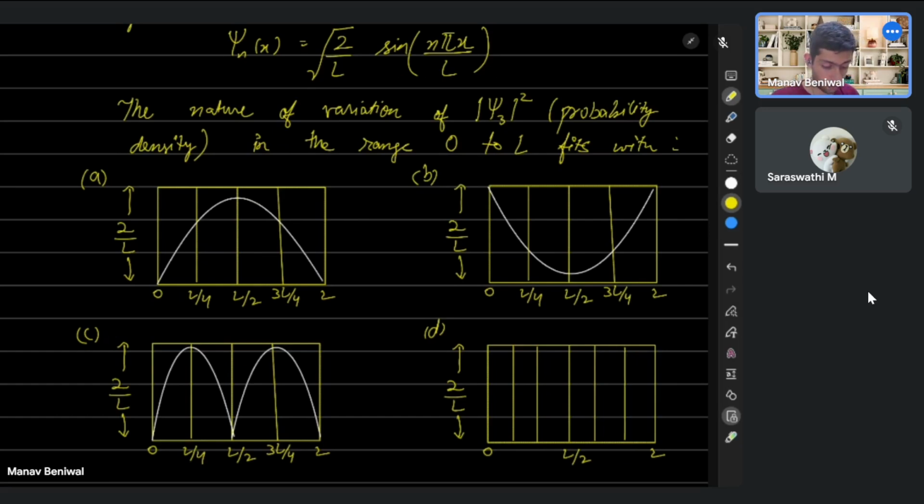So this is L by 6, L by 3, 2L by 3 and 5L by 6.